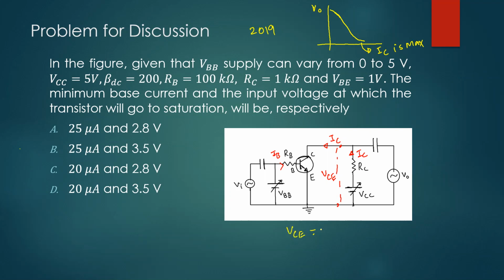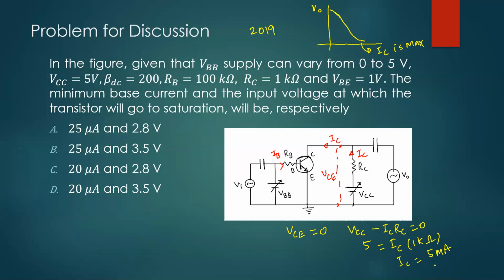So VCE becomes zero. I have VCC minus IC RC is zero. So that is when I have maximum collector current. So VCC is 5, and RC is given as 1 kilo ohms. So IC comes out to be how much? 5 milliamperes.